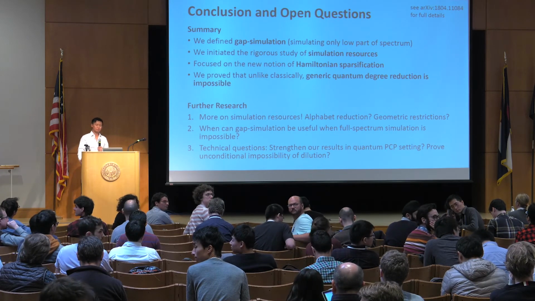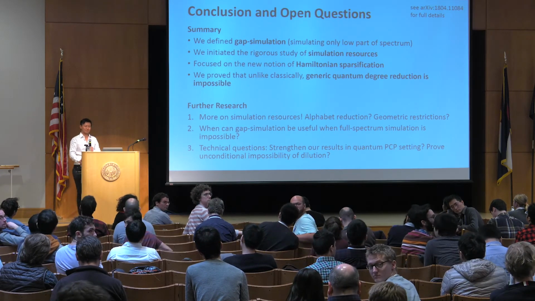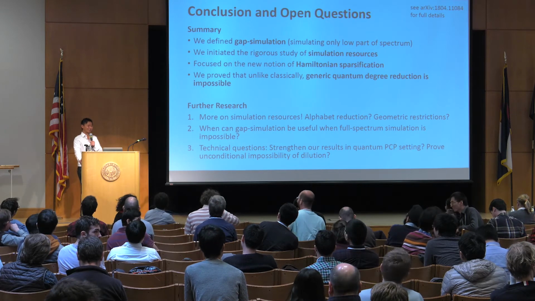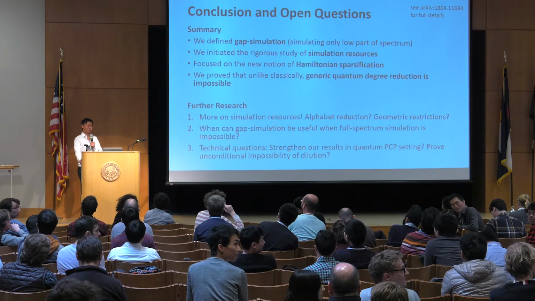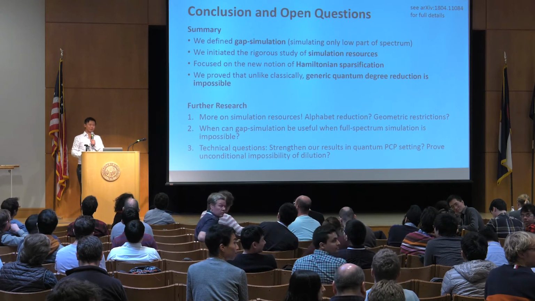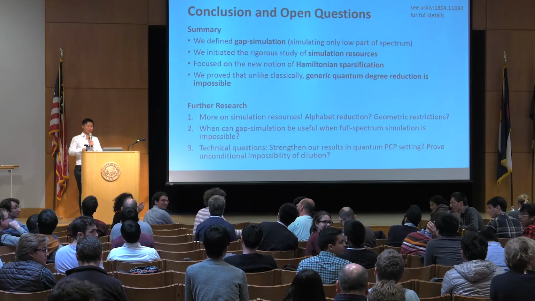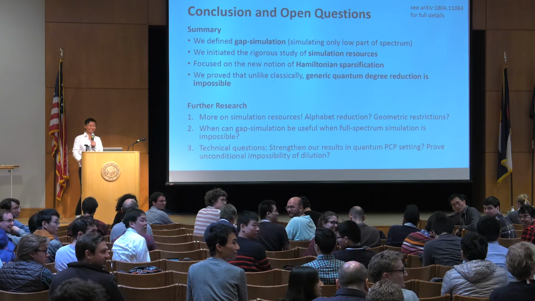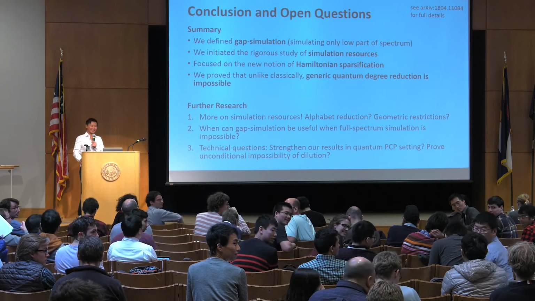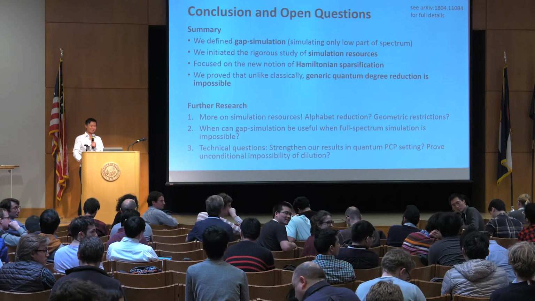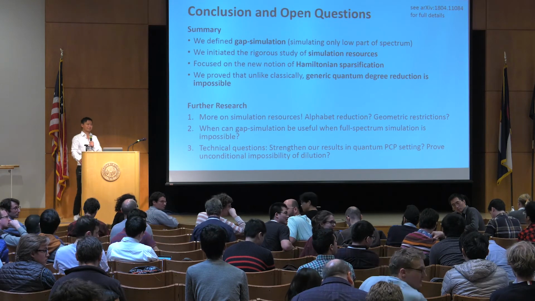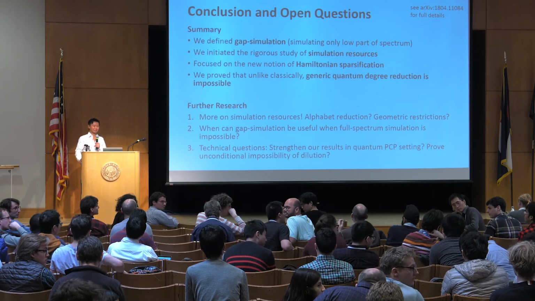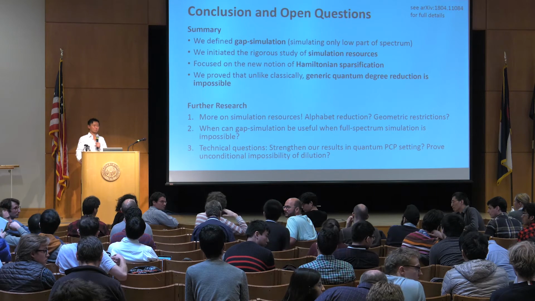Have you thought about Hamiltonian densification? I can motivate that if it's not clear why that's interesting. Can you motivate it a bit more? Well, yeah, so there's this intuition in physics that really highly connected Hamiltonians are well approximated by a mean field theory, that is to say a product state ansatz.